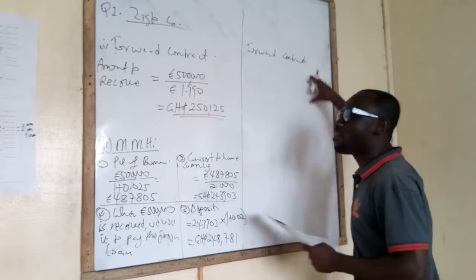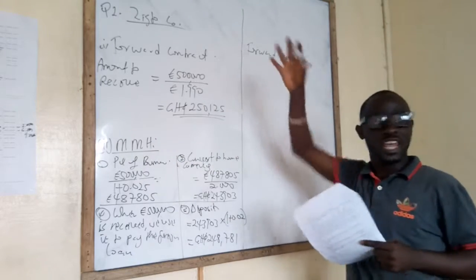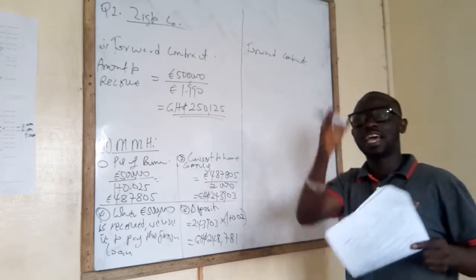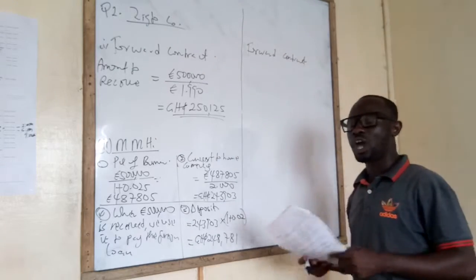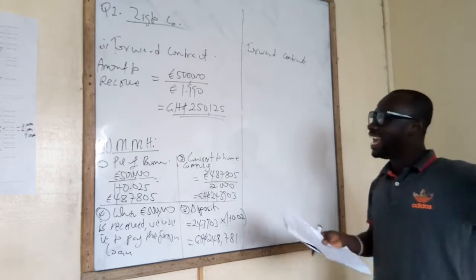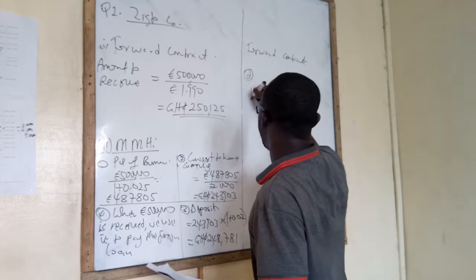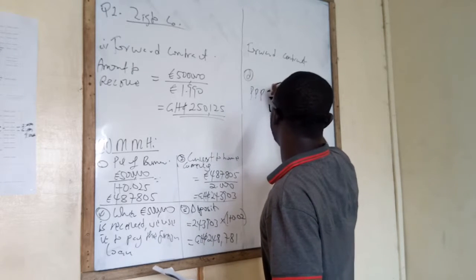The purchasing power parity is where we are calculating the forward rate taking into consideration the inflation in the 2 countries. And the interest rate parity is where we are calculating the forward rate using the interest rate in the country. In this question, we were given inflation, so we have to calculate the purchasing power parity.